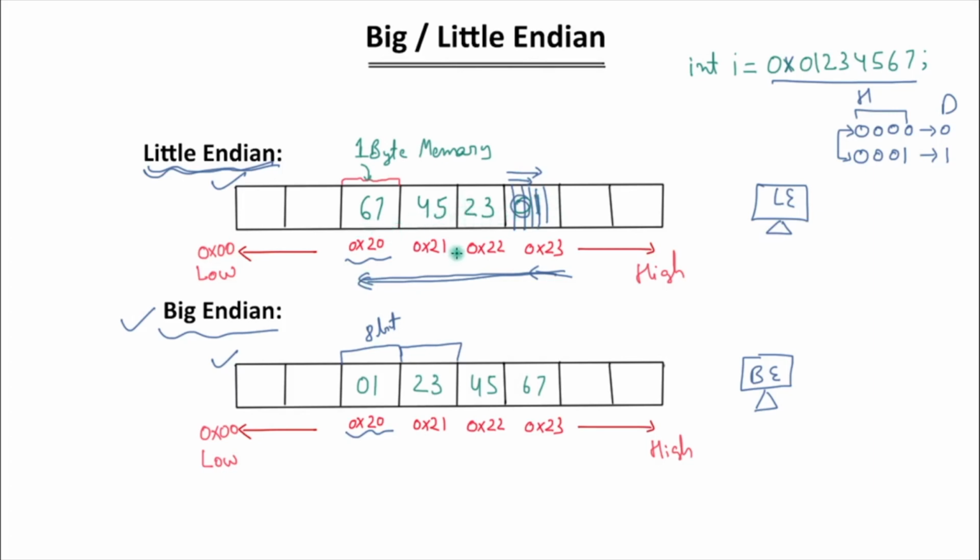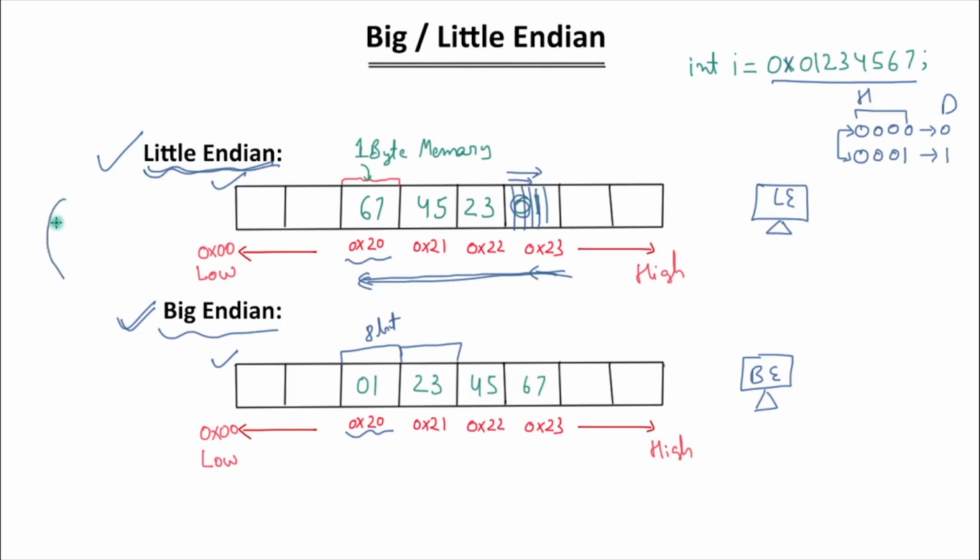Now people ask questions like, which is better, this one or this one? But both are good. Little Endian and Big Endian are derived from some novel or something, I don't remember exactly.